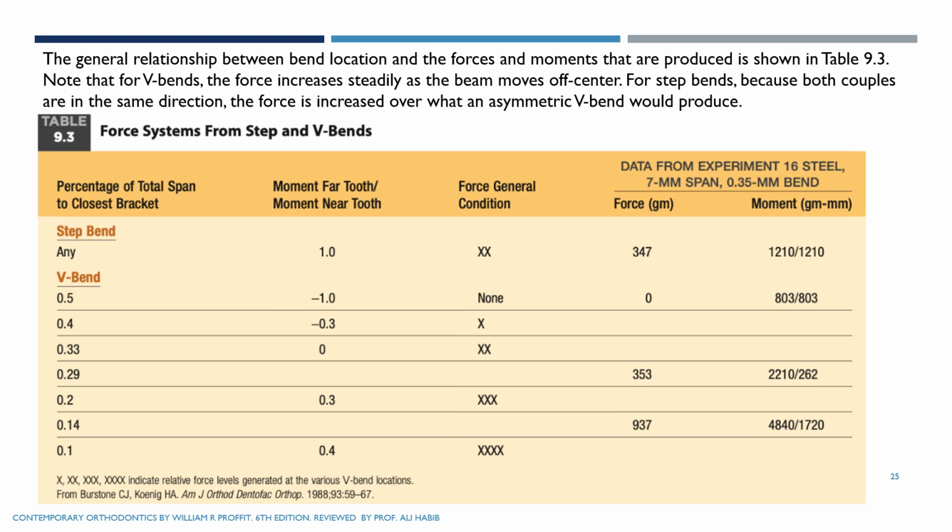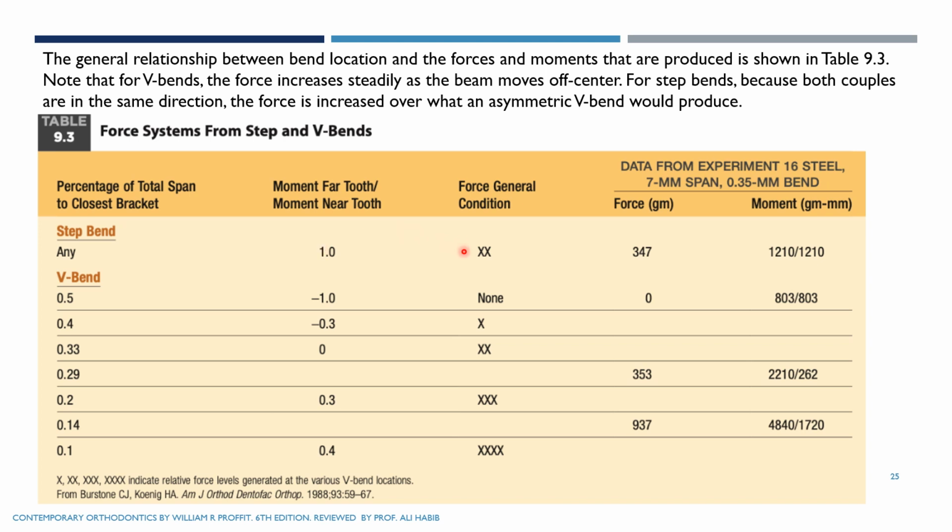This table shows the experimental model: two brackets with an interbracket distance of 7 millimeters, with a 0.35 millimeter step bend and a V-bend higher than the level of the bracket by 0.35 millimeter, to see the effect. For the step in the middle, they found the moment in the same direction, with 1 as a reference.